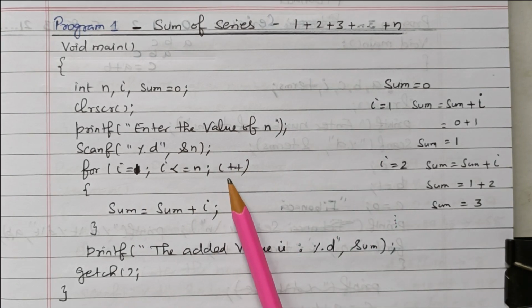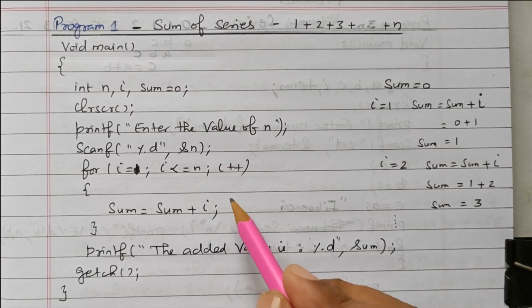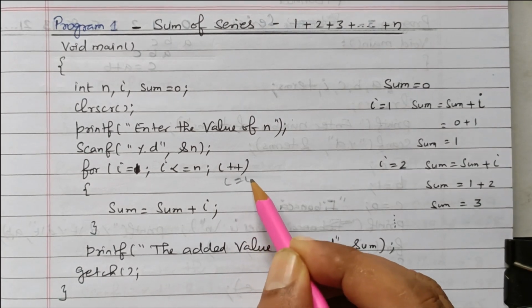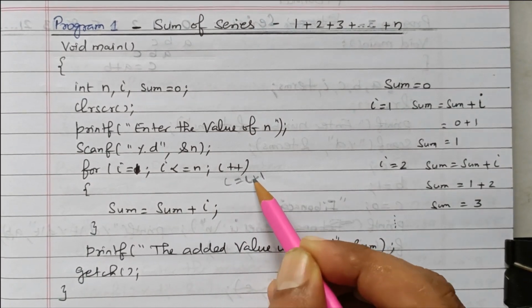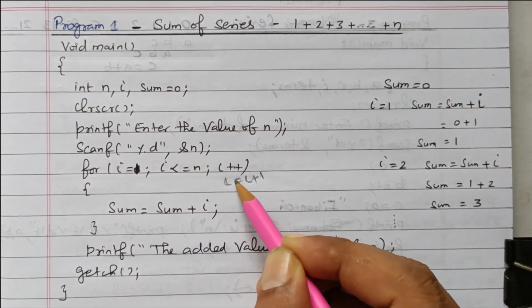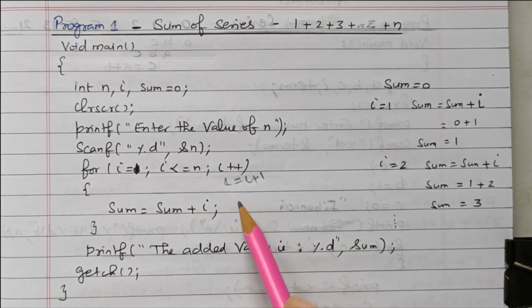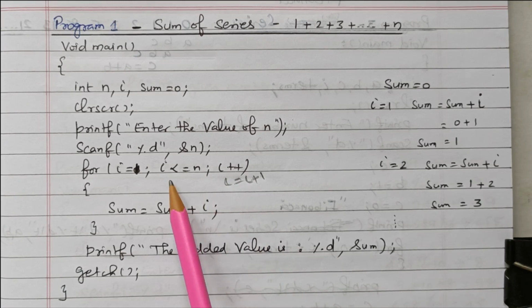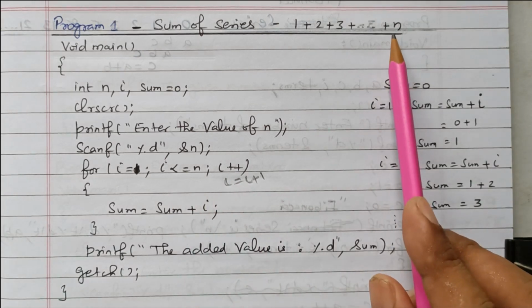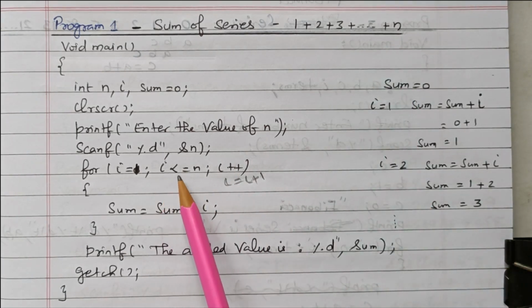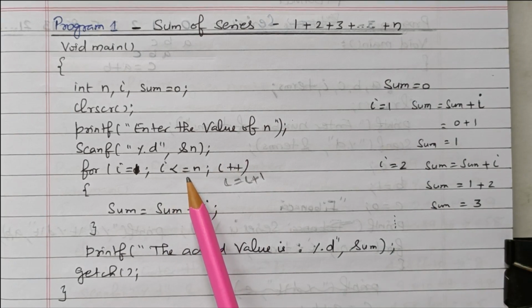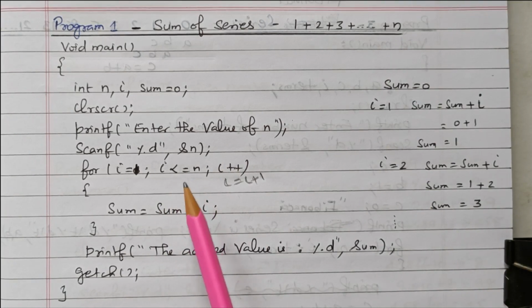So i plus plus. What is the meaning of i plus plus? i equal to i plus 1. With that, 1 will be added to the i value. Then what is the condition? Condition is up to n, right? i less than or equal to n. n is also included, so less than or equal to n.